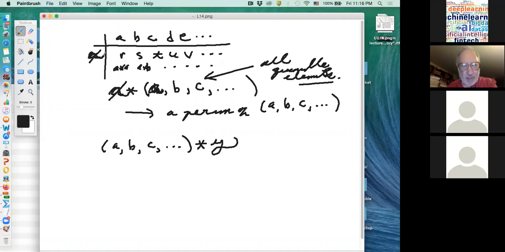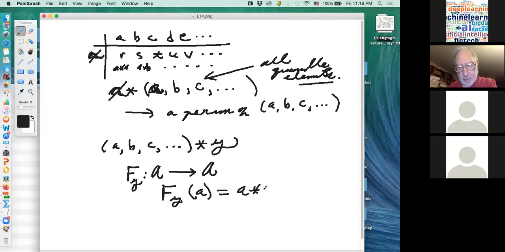Now one of them is easier than the other, I think. For any given Y, I can define F sub Y, taking the algebra to the algebra, by F sub Y of A is equal to A times Y. And it has an inverse, because I can multiply by Y again and I come right back to where I started.